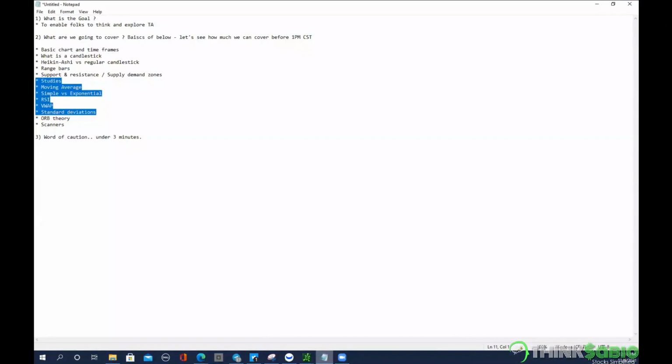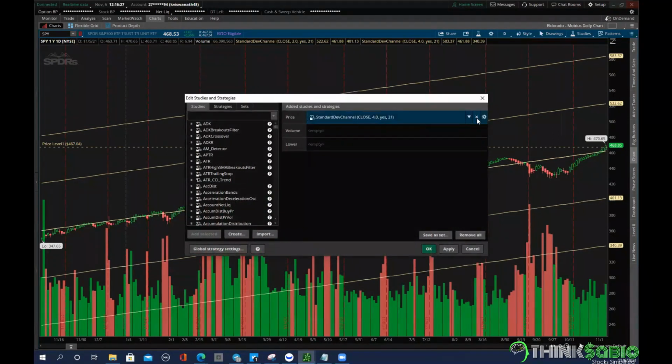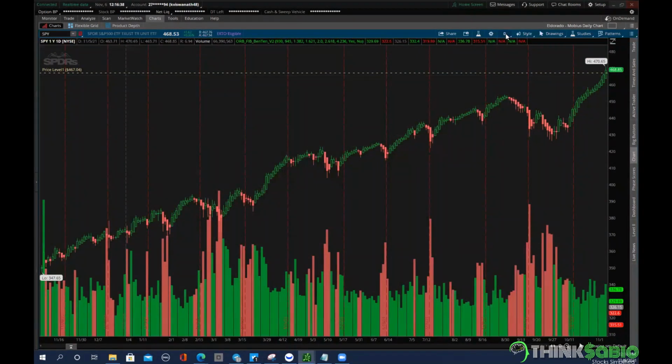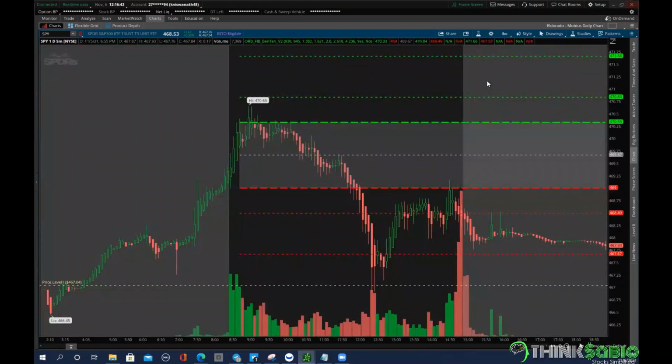And the last concept on the schedule is ORB, and let me cover that. ORB, then 10, I think this is what I've been using. And then let me go back to 1 day, 5 minutes, for example.